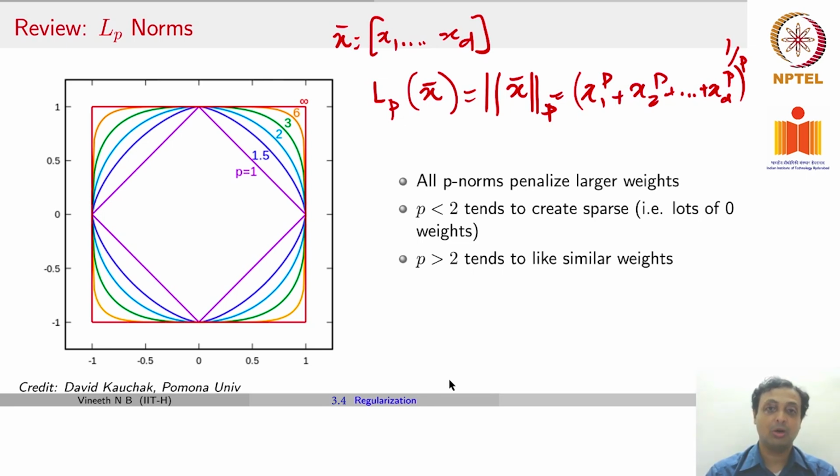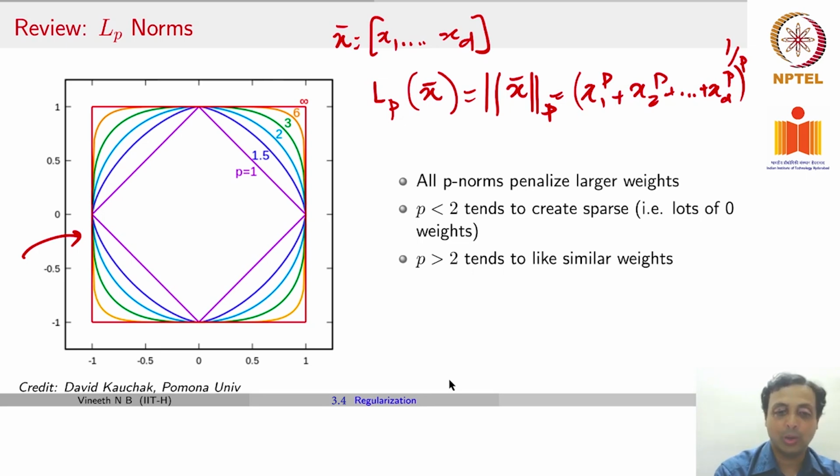You can make out that if you put p as 2, you will get your standard Euclidean norm or L2 norm. Similarly, you can have L1 norm, L0 norm, and so on and so forth till L infinity norm. You can actually have p to be any non-negative number for that matter. So you can see diagrammatically how the unit ball of each of these LP norms looks.